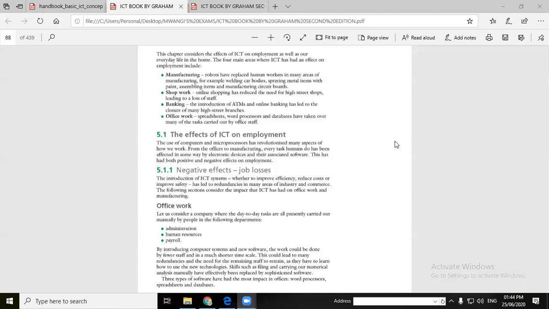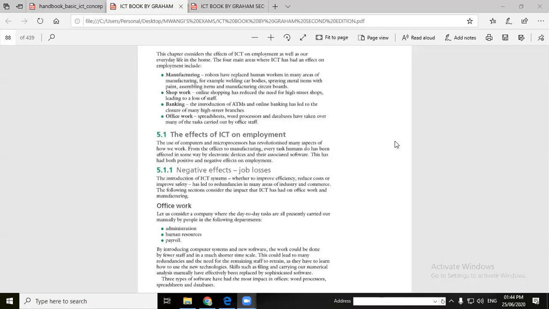If you want to introduce an ICT system, whether to improve efficiency, because you use computers, machines and networks to improve efficiency, to reduce costs of production, or to improve safety, this has led to redundancy in many areas of industry and commerce.